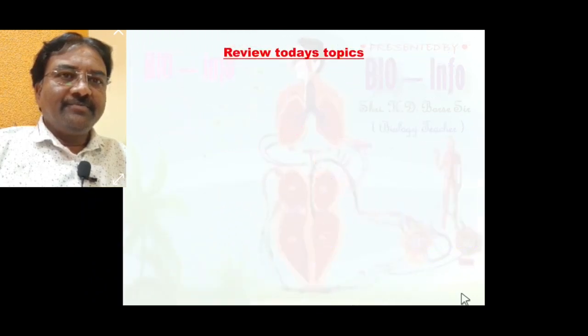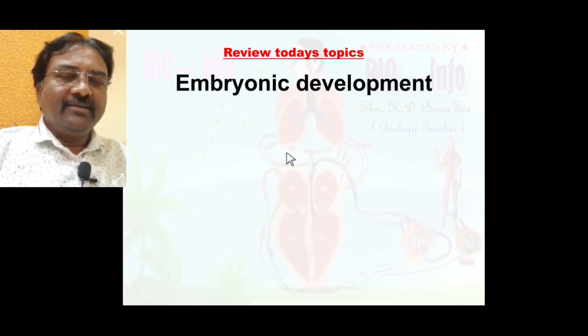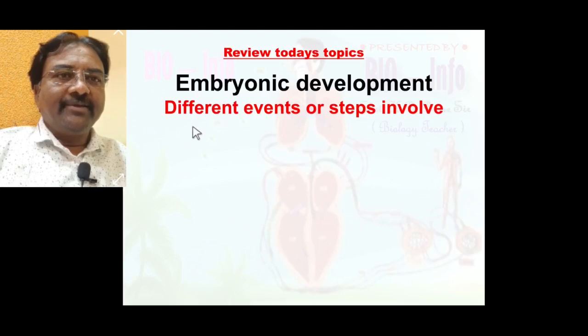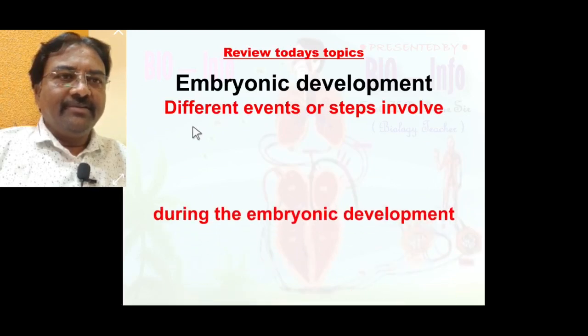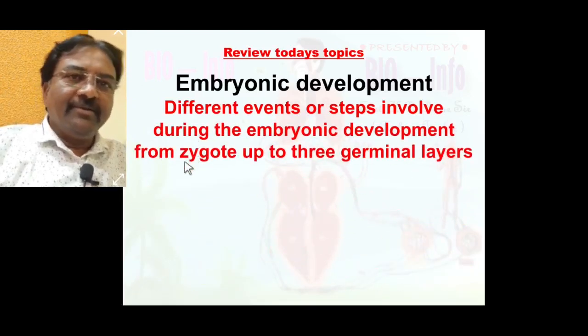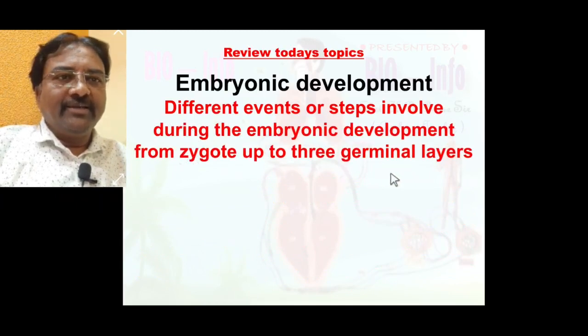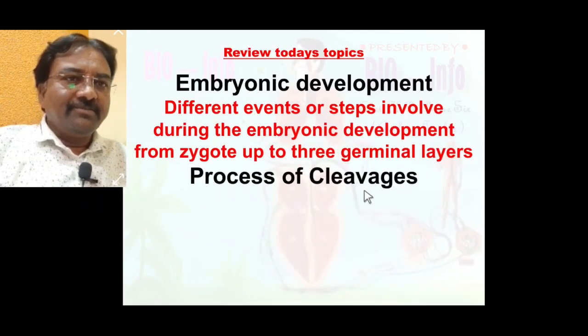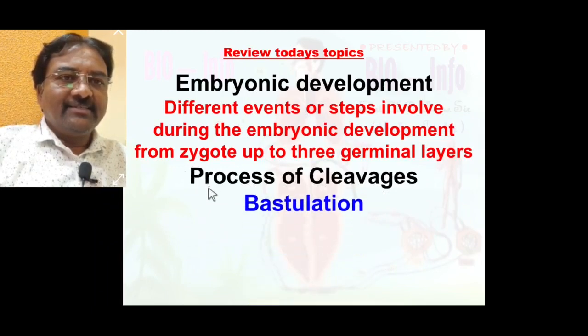Now let us review today's topics. In today's lecture, we discussed in detail embryonic development, the different events or steps involved from zygote up to the three germinal layers, and the process of cleavage. We understood blastulation, the formation of the blastula or blastocyst.